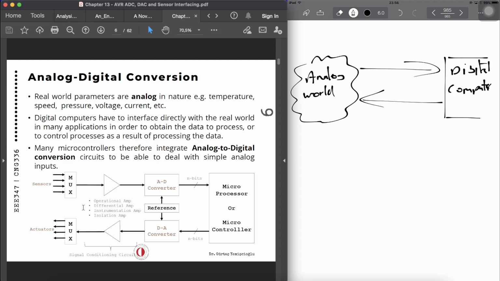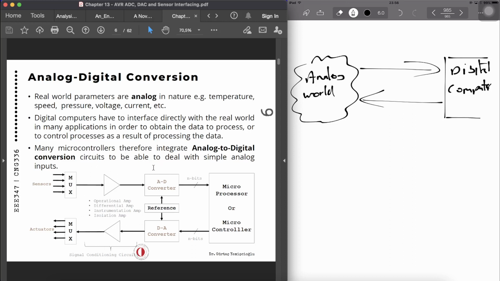And in order to have a good gain and good reflection of the voltage that we are measuring, we need some signal conditioning circuits in order to have a proper, not distorted or lost signal to process in analog to digital conversion, so that the microprocessor can use that processed signal to do some operations. That's why we need signal conditioning. And the same applies for the digital to analog as well. So when we are activating these actuators, we need a proper signal over there. That's why we need signal conditioning. We'll talk about them in detail later on.